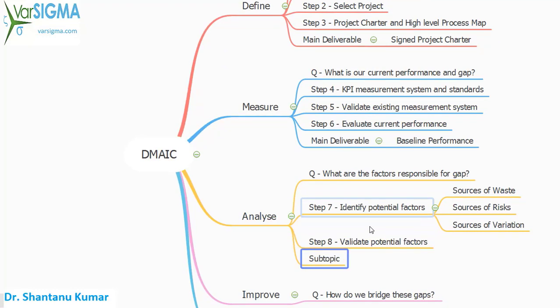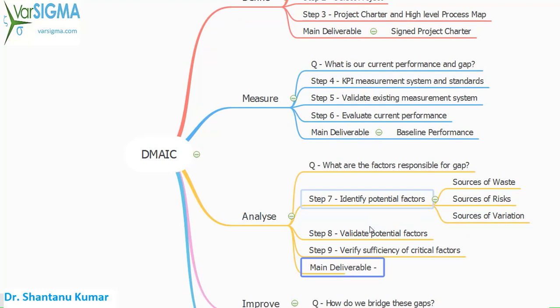Now that we have a list of critical factors, we would verify whether these factors are sufficient to drive improvement in our process. The main deliverable of analyze phase is a list of validated root causes that we need to address.